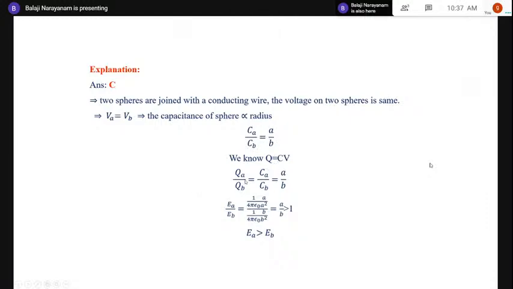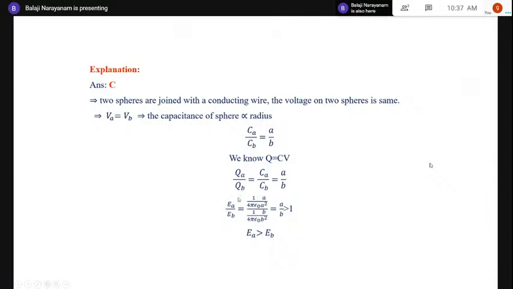Make use of that equation and take the ratio QA by QB is equal to CA by CB, as potentials VA and VB are the same. In this equation, the potential term VA in the numerator and VB in the denominator get cancelled as they are equal. Hence we get A by B as the ratio.